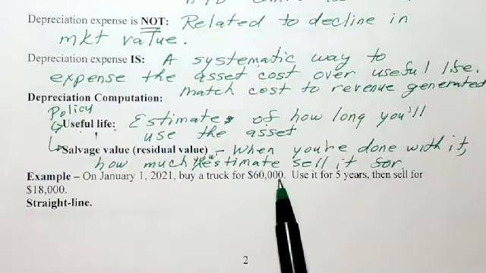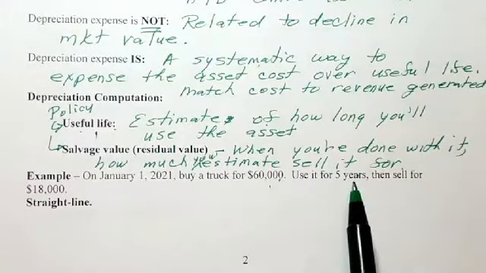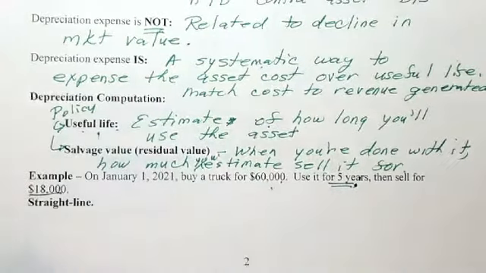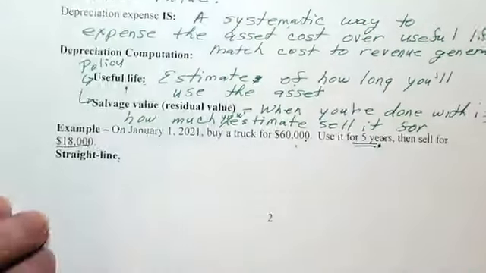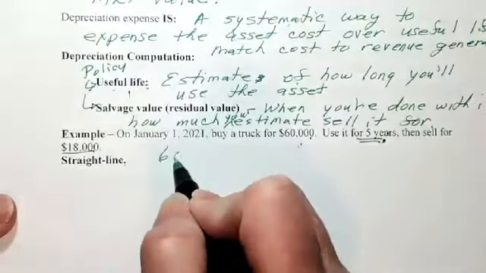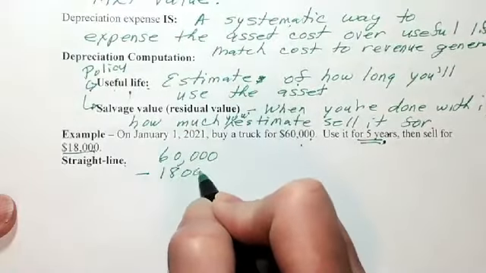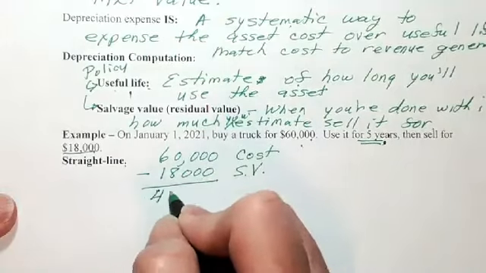Going back to our example, we're going to use that same truck. I think I switched it to 5 years here. Then we're going to sell it for $18,000. For straight line depreciation, all we do is we take the $60,000, we subtract out our $18,000 salvage value, gives us $42,000.